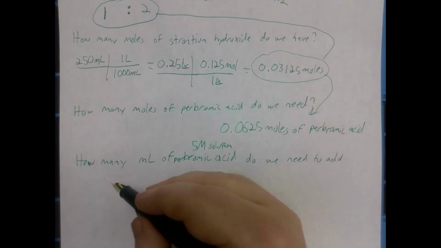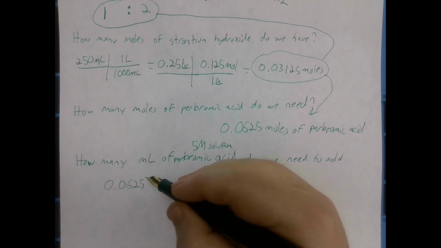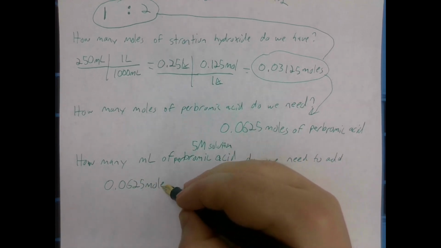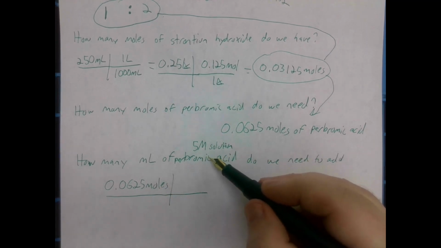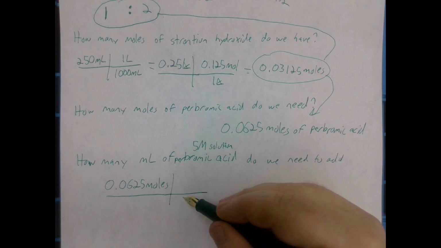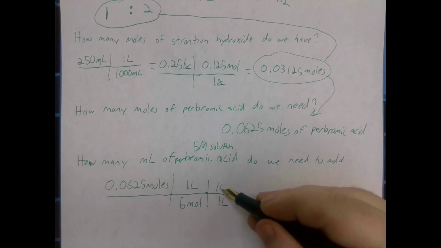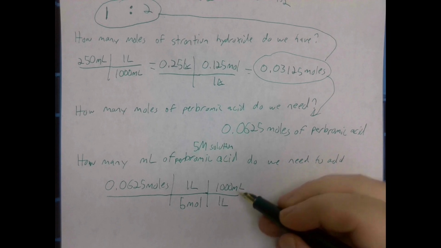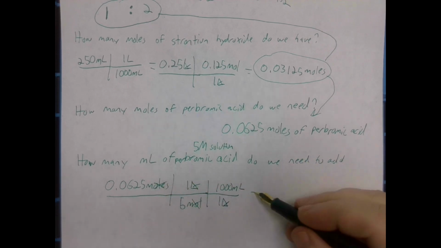So we're given moles, 0.0625 moles. And we have a conversion factor of moles to liters. 5 molar tells us we have 5 moles per 1 liter. But we want to answer in milliliters, so 1 liter is equal to 1,000 milliliters. Liters cancel out, moles cancel out, giving us milliliters.